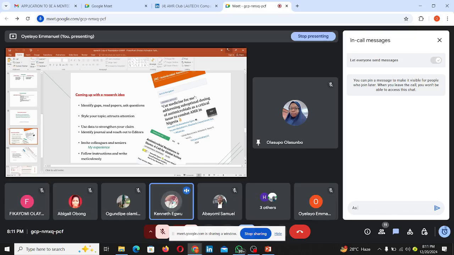Also, if you're writing research, especially addressing issues concerning antimicrobial resistance, it's very important to use data to strengthen your arguments. You don't just go around saying that antimicrobial resistance is a burden across the globe. All of us know that that is true.